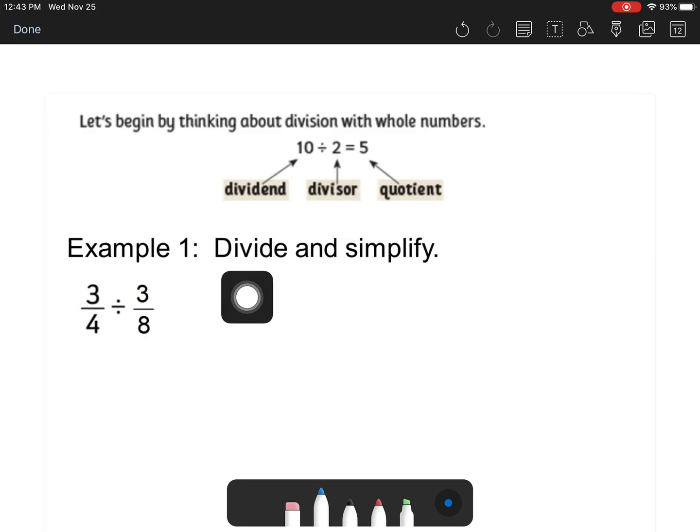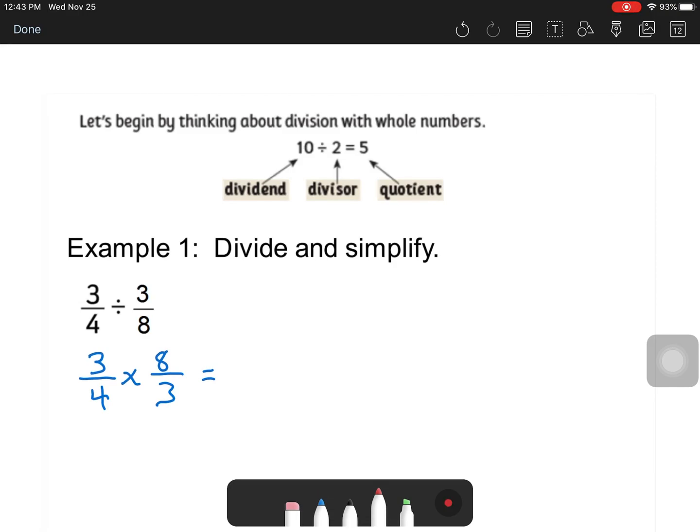Okay, so in example 1 it says divide and simplify. We have 3/4 divided by 3/8. Okay, so what we want to do is invert and multiply, or we can say flip and switch. So we're going to change this to multiplying, and we're going to flip this over. And then we can multiply across. Now remember, there's a strategy, we call it commute, I guess, but if you have the same numbers, one in the numerator, one in the denominator, you can cross those out and make them ones, okay, and then you can multiply across.